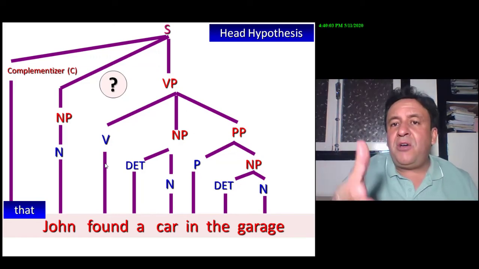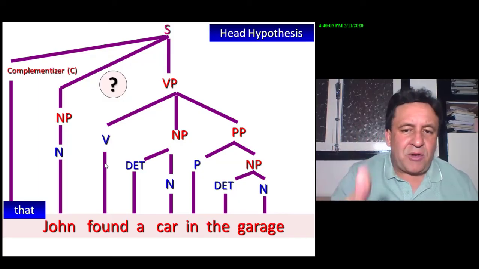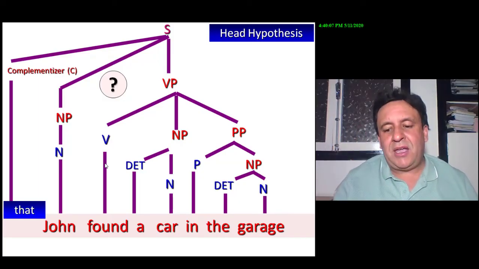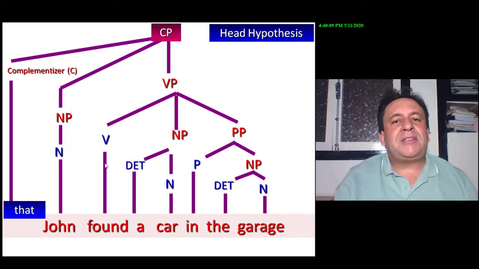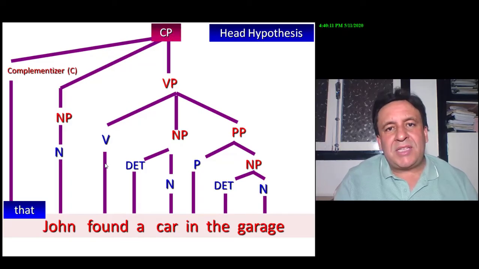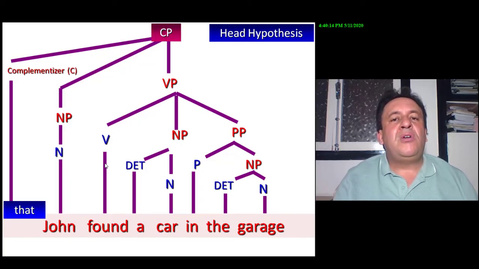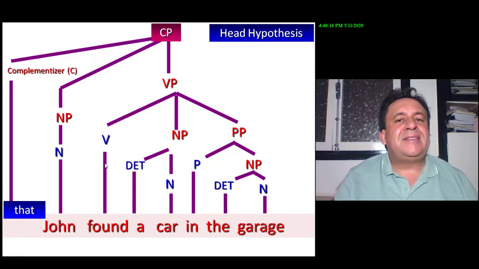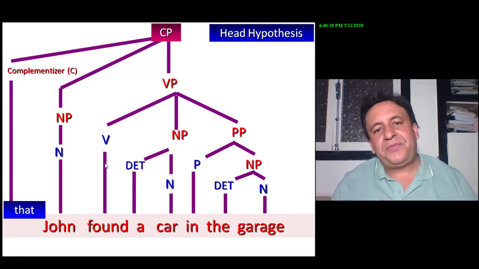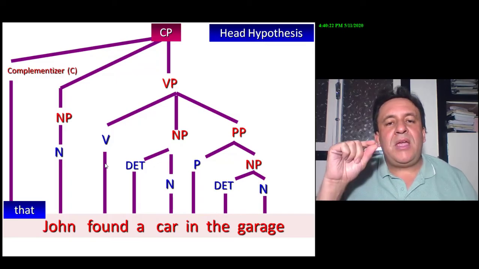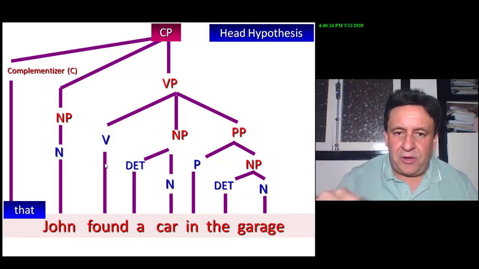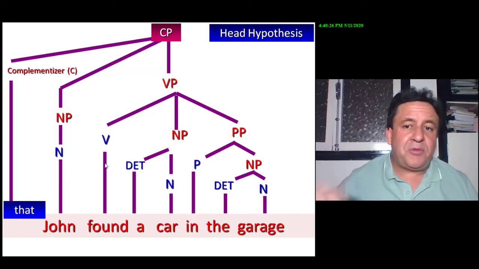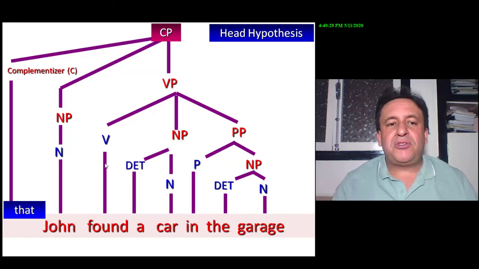Yeah. So now our tree diagram satisfies the head hypothesis. Instead of calling it the sentence from now on, we will be using the term CP, which stands for the complementizer phrase. So we say the VP, the verb phrase, the NP, the noun phrase, the PP, the prepositional phrase.